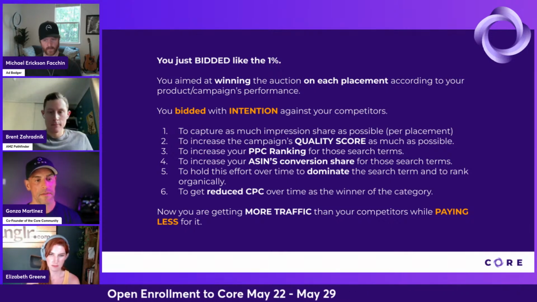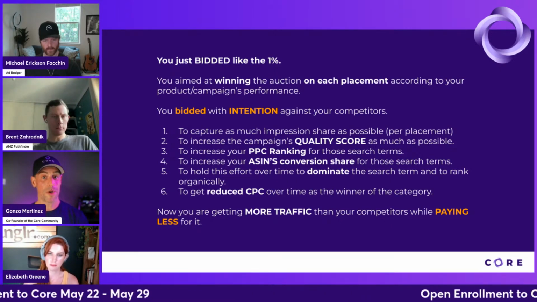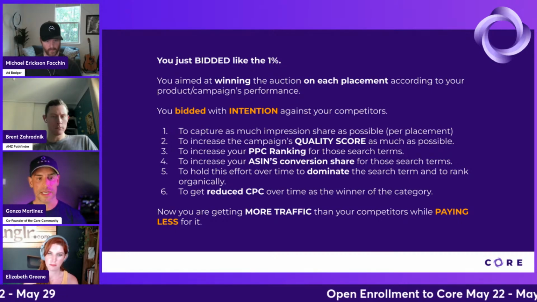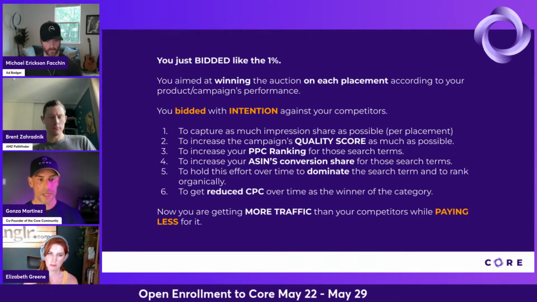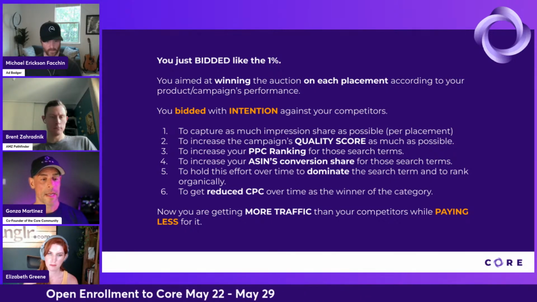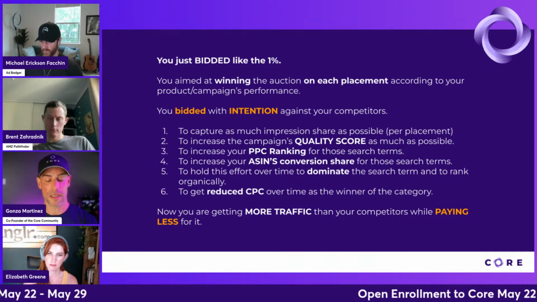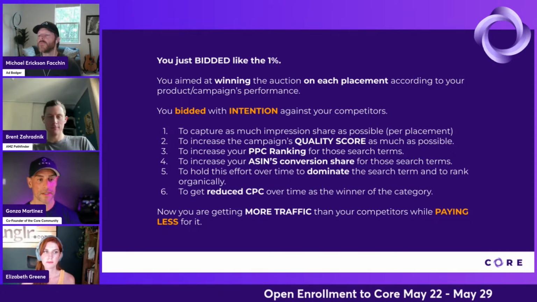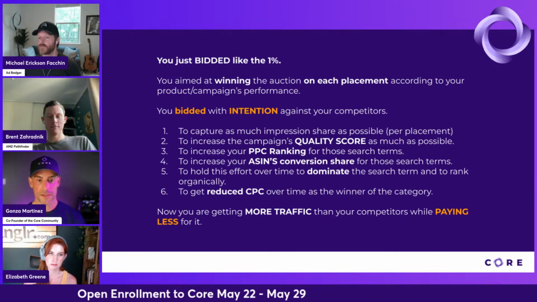So here's the summary of what you do by doing this. You capture as much impression share as possible per placement. You increase the campaign's quality score as much as possible per placement. You increase your PPC ranking, right? You increase your ASIN's conversion share. You can take a look at this in brand analytics. And to hold this effort over time, you dominate the search term.